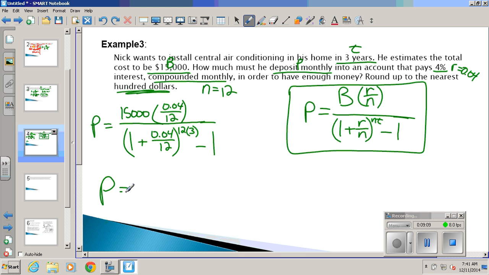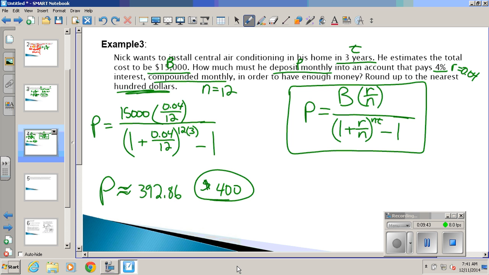If you do the math on this, you should get, I'm going to round it, 392.86. That means to the nearest $100, it would be $400. So you must deposit $400 every month, so that in 3 years, he has the $15,000 that he needs.